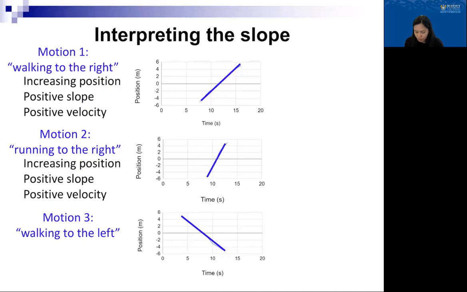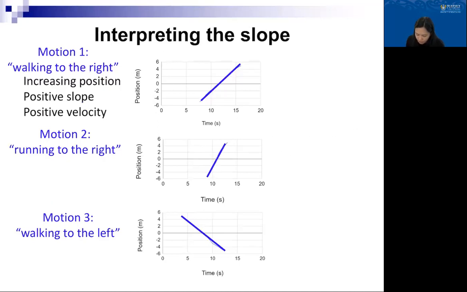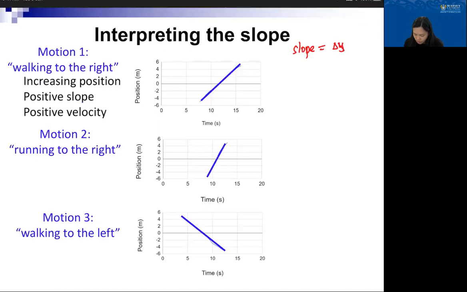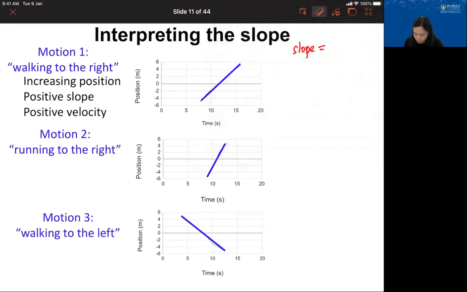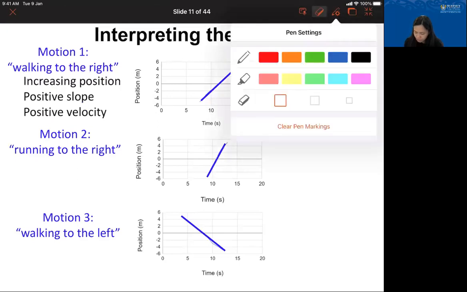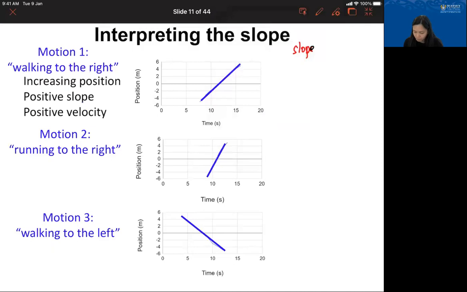So remember, slope is the change in y, change in position, over change in x, like the y-axis over the x-axis.